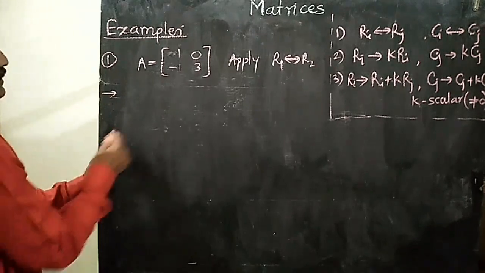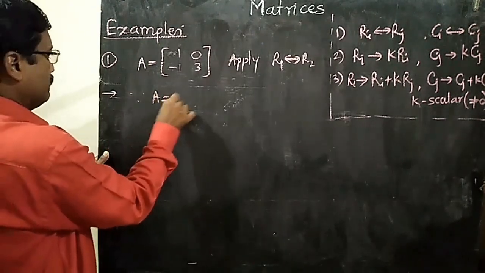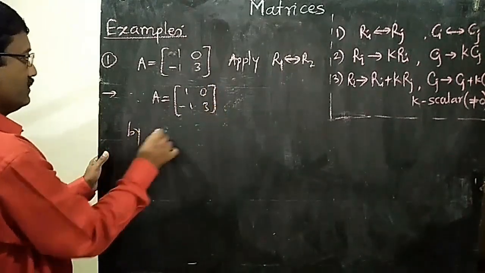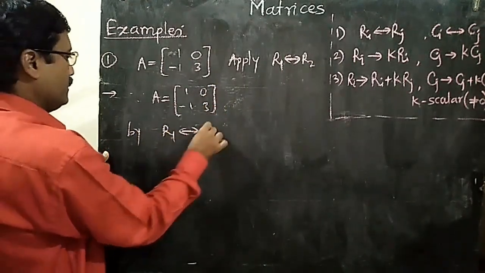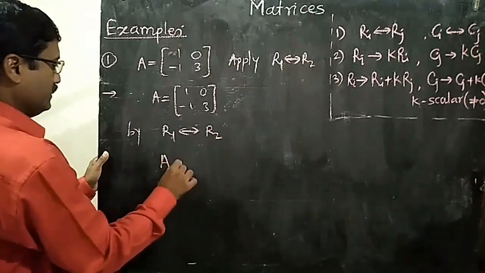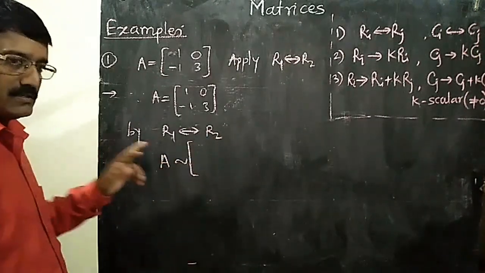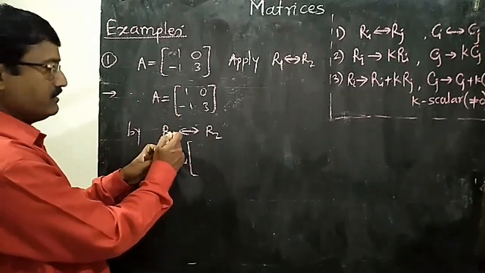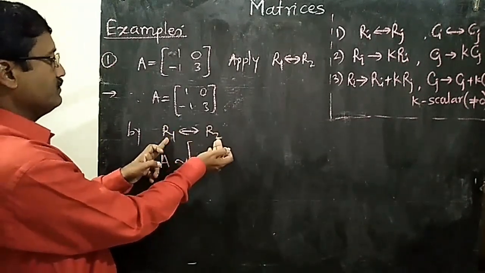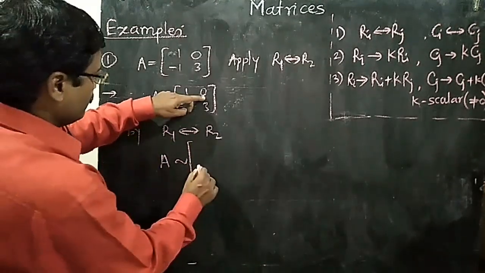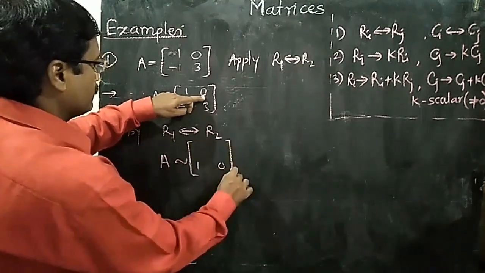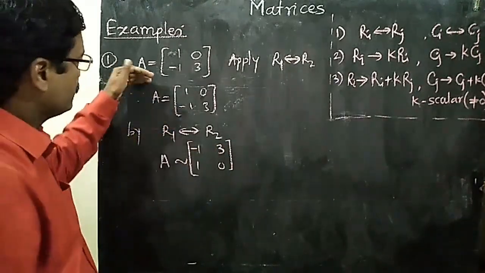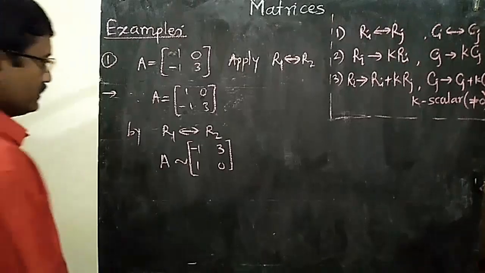So since A is equal to this, by R1 interchange R2, we get A equivalent. R1 interchange R2 means we will write the second row in the position of the first row and the first row in the position of the second row. Here 1 0 is the first row, we will write it as the second row. The second row is minus 1 3, we write it as the first row. So this is one simple example.